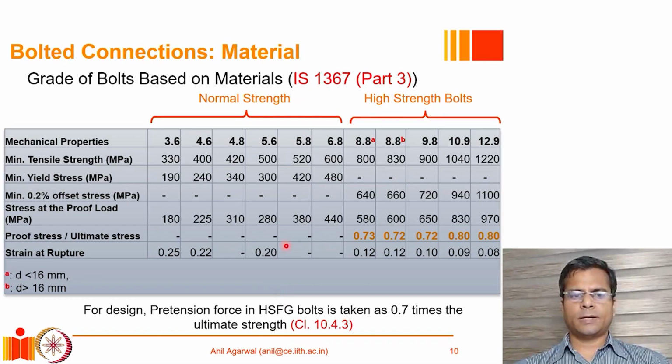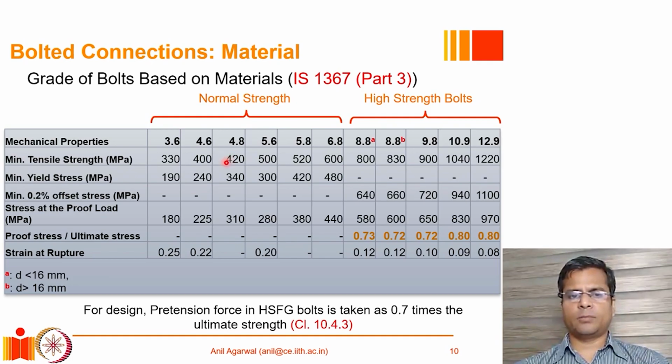Typically, bolts are classified in terms of strength as these classes: class 3.6, 4.6, 4.8, and so on. The most critical mechanical property used to classify these bolts is the minimum tensile strength. These numbers can be read to understand the approximate tensile strength and approximate yield strength of a bolt.